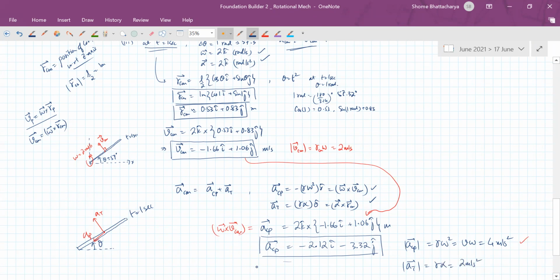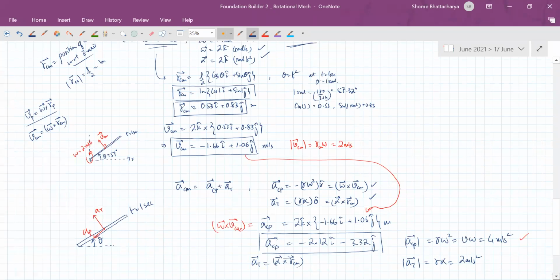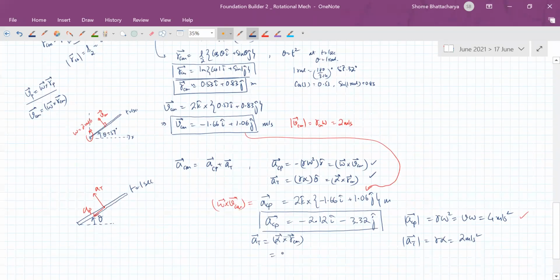But when we calculate it vectorially, tangential acceleration is alpha cross r. So we'll have to take that cross product now. So alpha is also 2 k cap and r is this value 0.53 i cap plus 0.83 j cap.